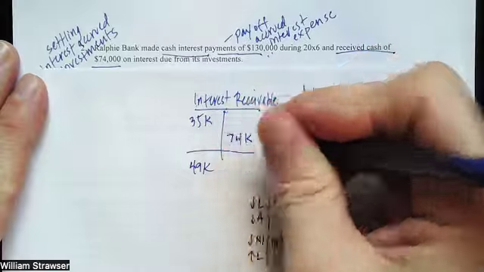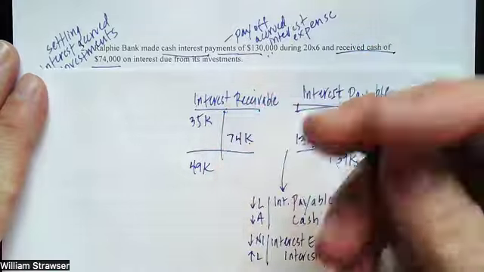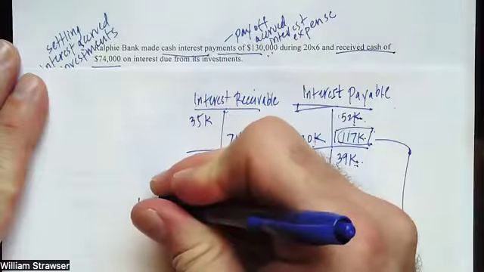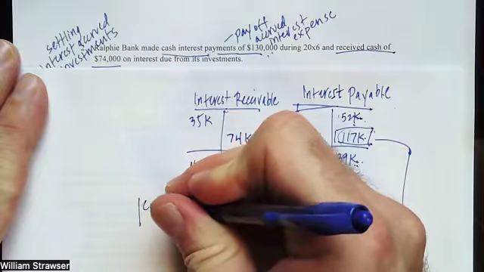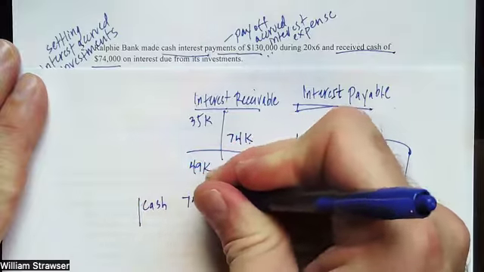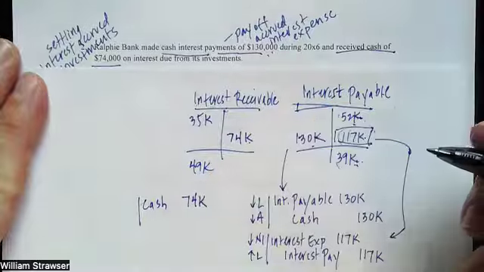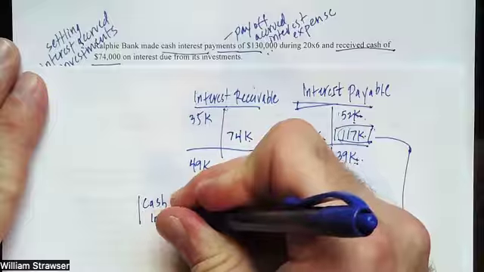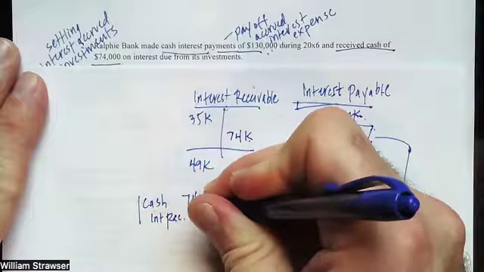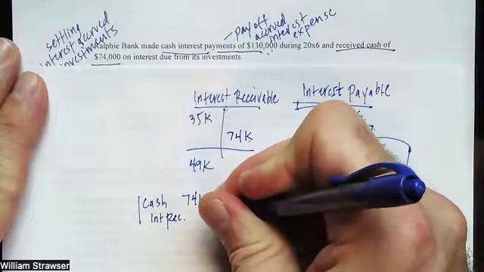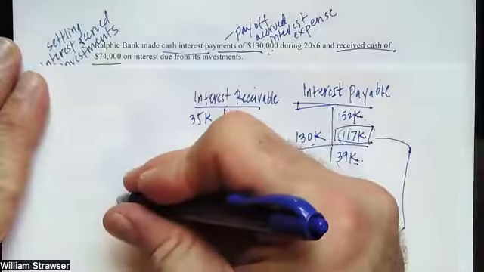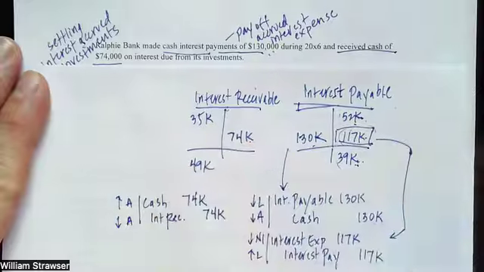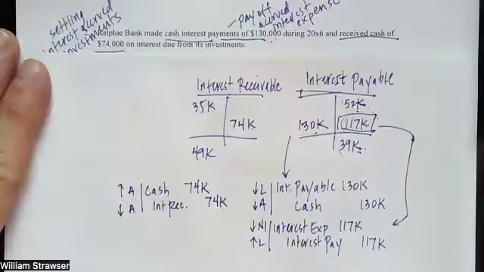So this is going to reduce the interest we are due to receive because when we receive that cash, debit cash for 74, and people are paying off the interest they owe us, then we are entitled to receive less interest. So our interest receivable goes down. We basically get a cash asset in place of our interest receivable asset.